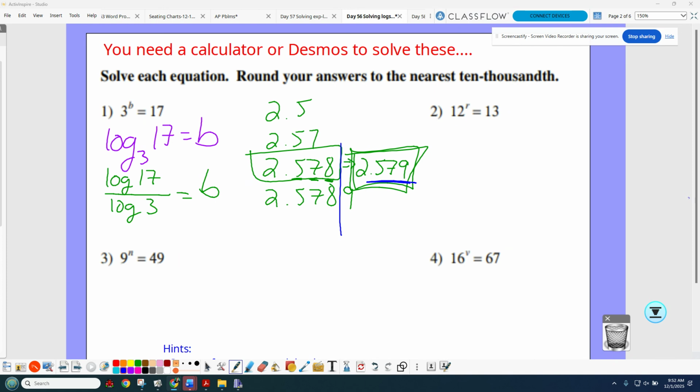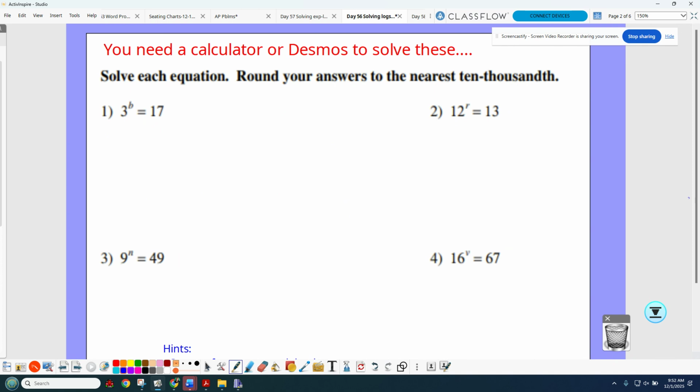So they shouldn't have taken long. Write them down on the whiteboard. I want to see, what did you get? Like what decimals?